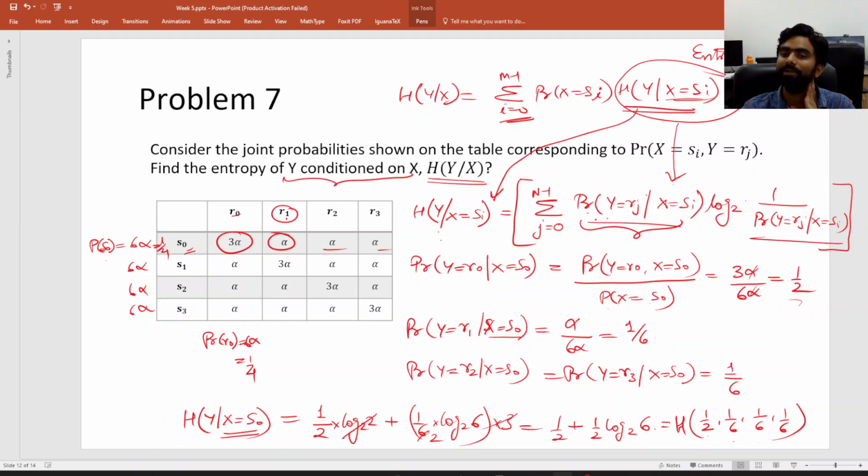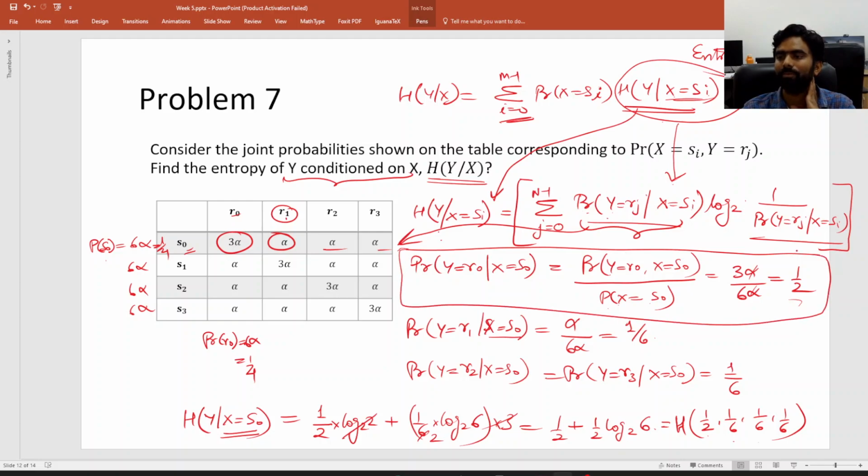To calculate these probabilities from the table, you have to apply the concept of conditional probability: the probability of A given B is equal to the probability of A comma B divided by the probability of B. Clear?